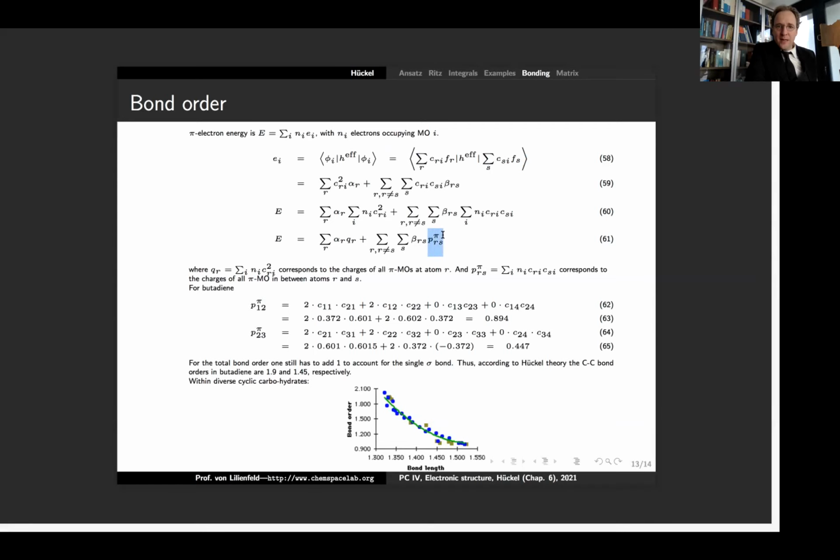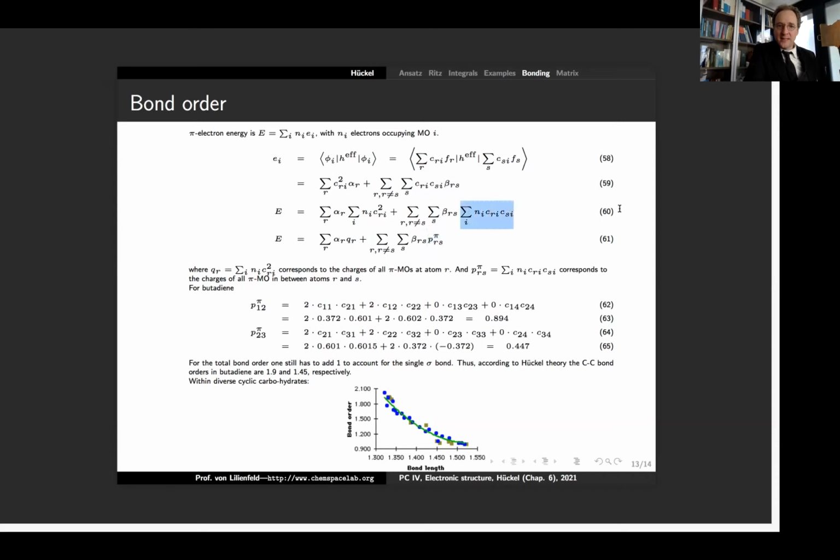You see the PRS. So our energy is the sum over all pairs, okay? And each pair contains the beta value times the weight from these coefficients, okay? Oh, it's the weighting. Yeah, that's true. Okay. That's right. It's this sum here, right?